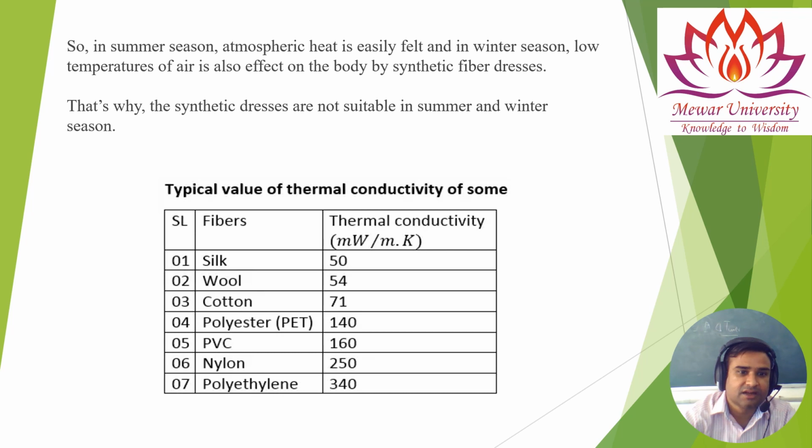Polyethylene has the highest thermal conductivity because it is a synthetic fiber. That means the rate of heat transfer is very high. So you should not wear polyethylene in winter or summer. Is it clear?